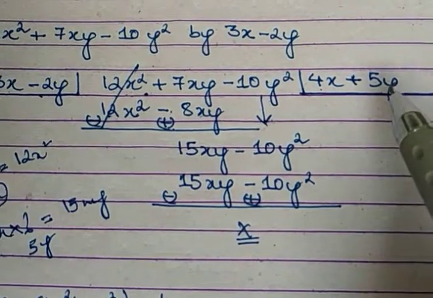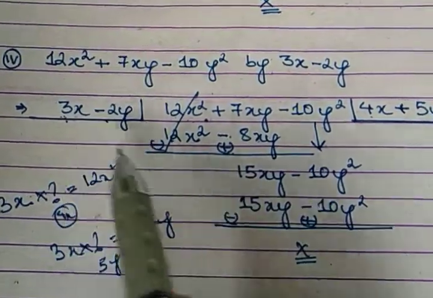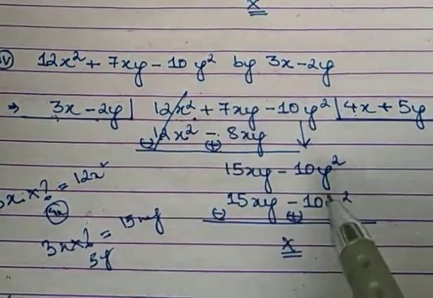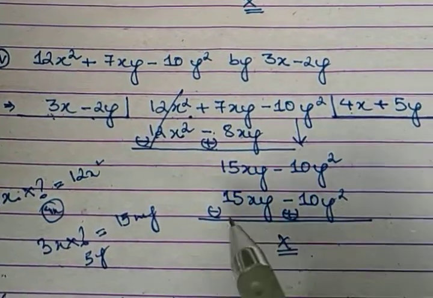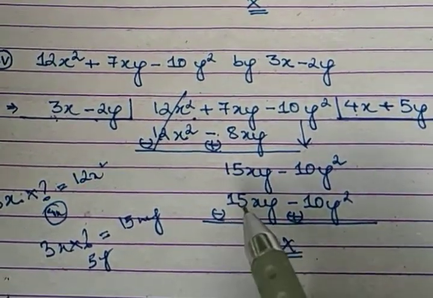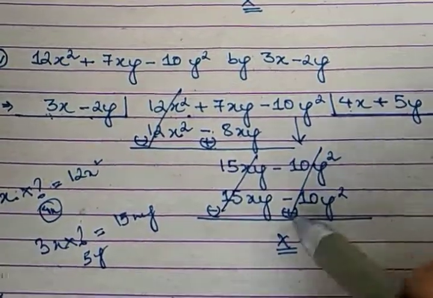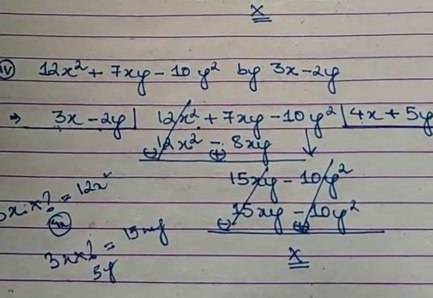As you know, the term will multiply both the terms, so plus 5y times 3x is plus 15xy. Plus into minus is minus 10, 5 twos are 10, y into y is y squared. The signs change, plus converted to minus, minus to plus. Now we got same terms with opposite signs, they can be cancelled, so we are done here.